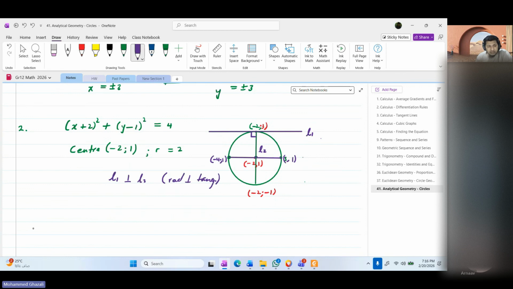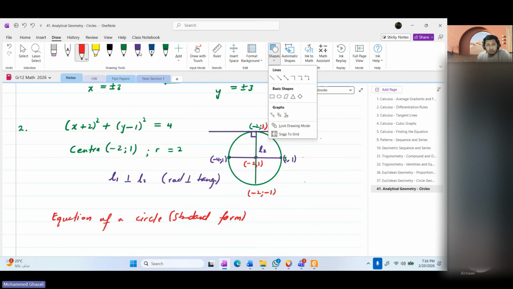Now, what happens in a scenario where we have something like this? What if this is the equation of the circle in center radius form. What's the equation of the full circle? What's the equation of a circle? What's the standard form?